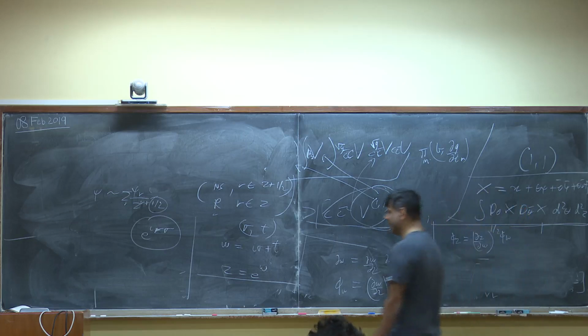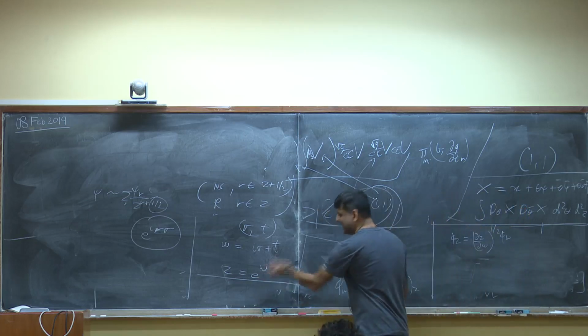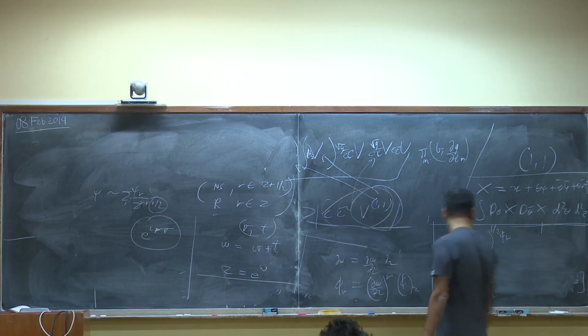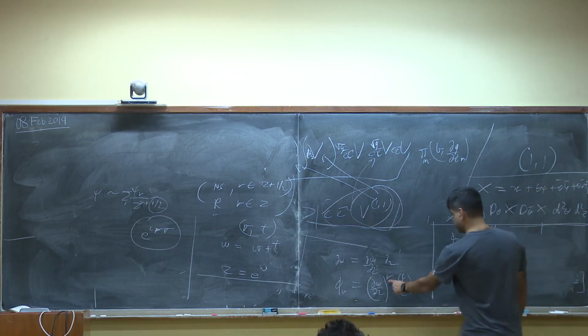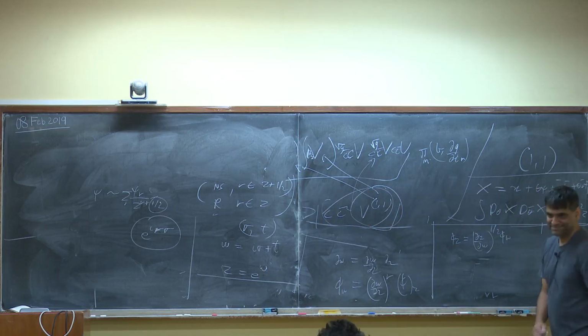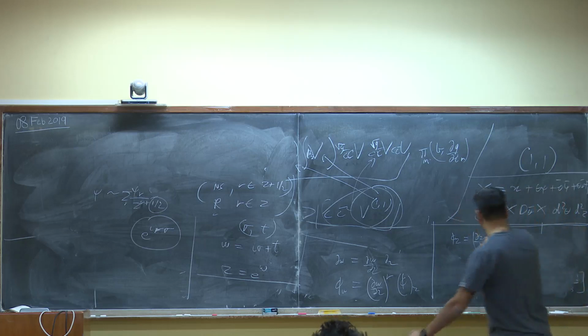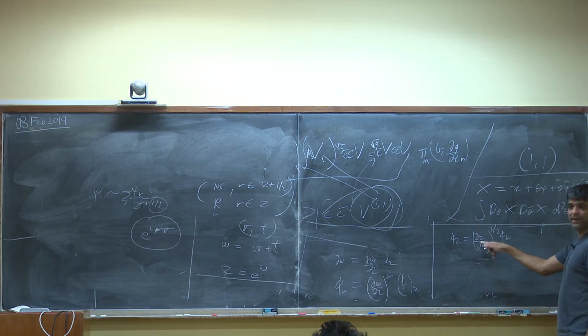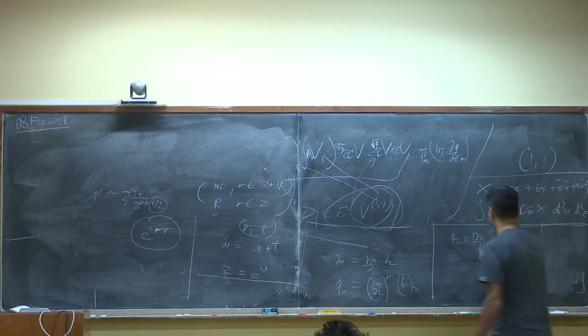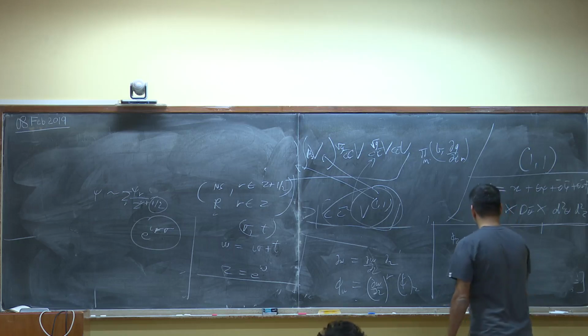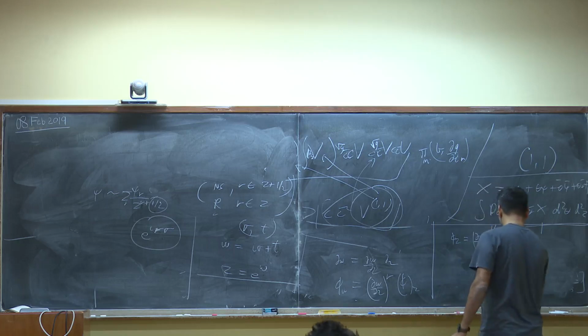Now del Z by del W is Z to the power half, because R was half, because psi was a dimension half operator. But Z was just e to the power W, its derivative is still e to the power W. So this is just square root of Z times phi W.